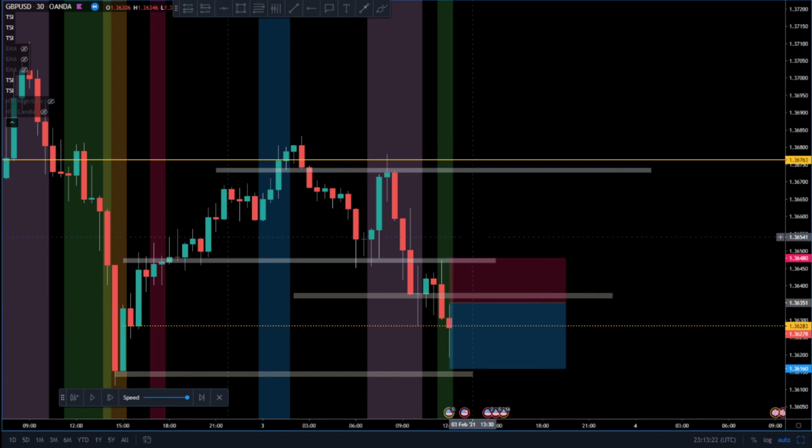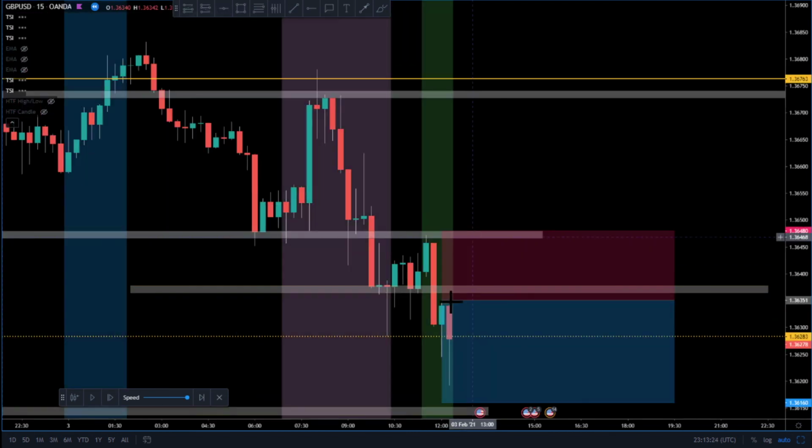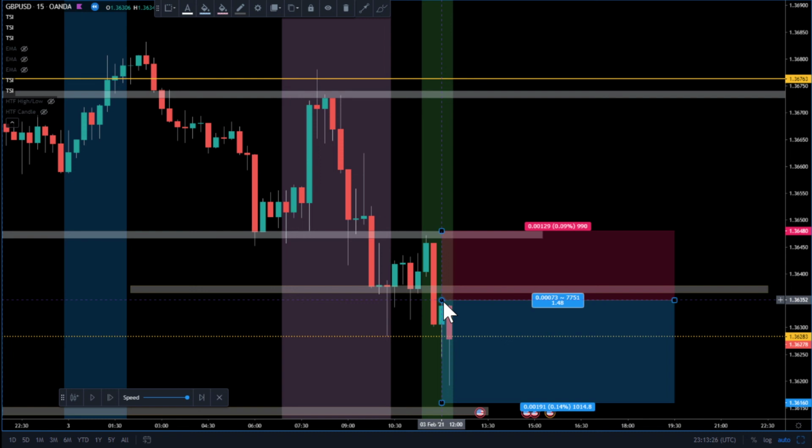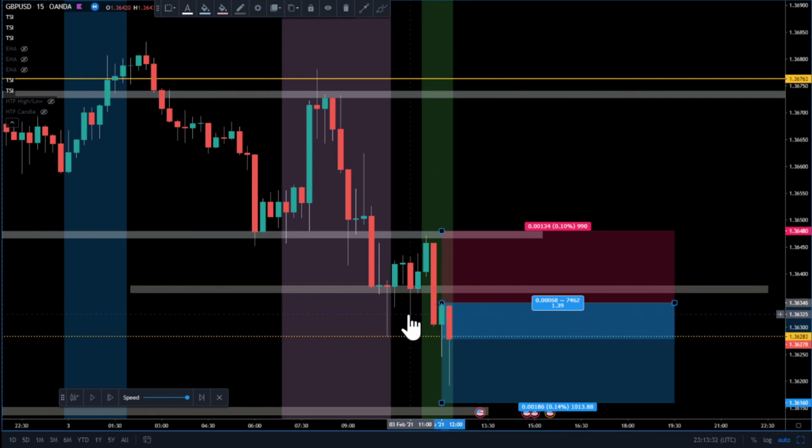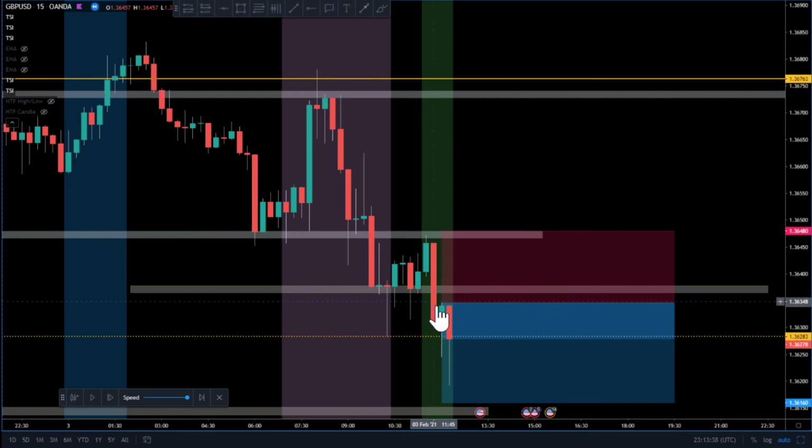I'm going to do 15 minute because I was watching on the 15 minute, and this is where the mistake happened. Where I had my entry was super close. When I took it, I actually didn't think I was in it. Normally you've got sell entry, and then it changes to sell once it takes my trade.